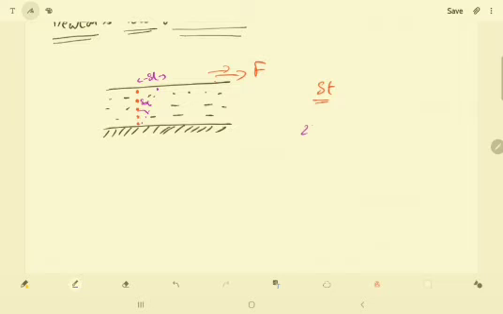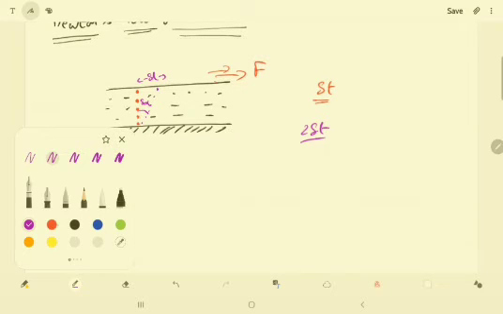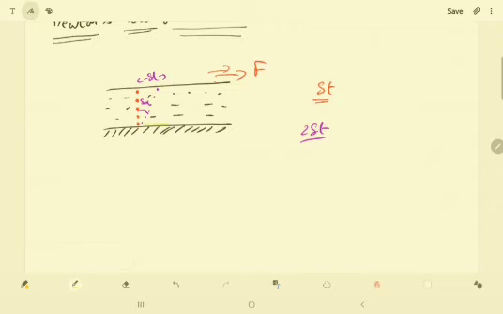And again after a time of 2 delta t, the fluid will deviate from this point to some other point.